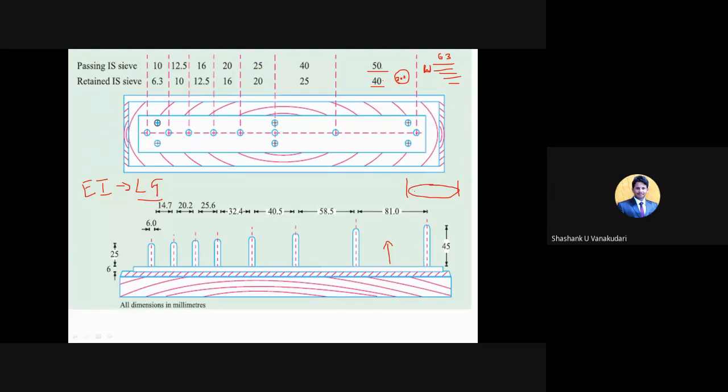If you place it in this part, it will easily pass. The aggregates that are retained let you know the exact percentage of elongated material. Clear? Some aggregates will pass and some will be retained.